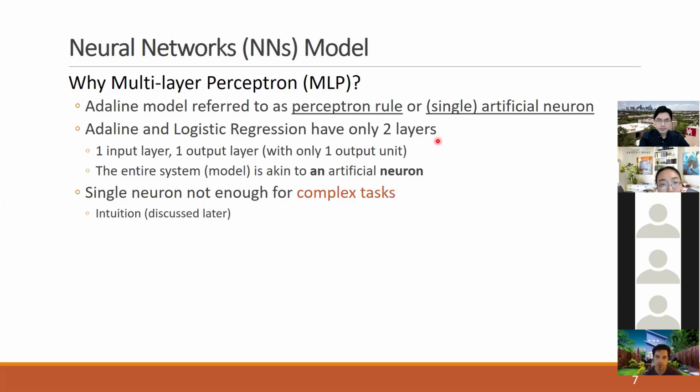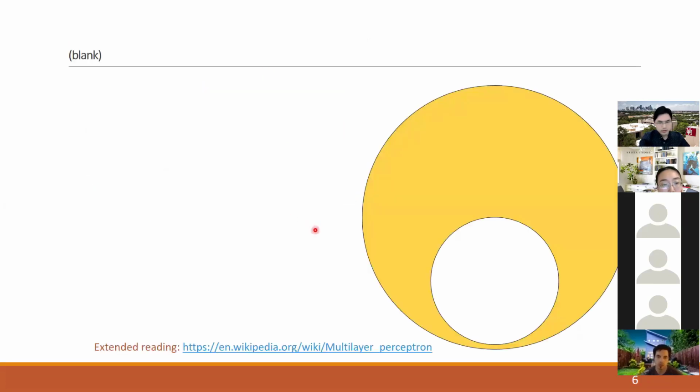Let's see. So now let's do a fun discussion, or kind of thinking, reflection. So I talked about two things: neural networks and multi-layer perceptron.